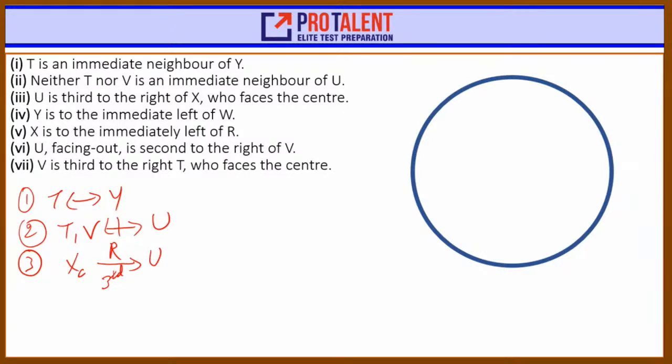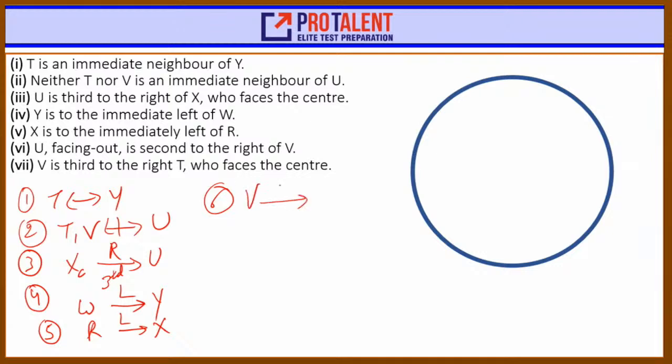Then the fourth point says that Y is to the immediate left of W, W, Y. Then X is to the immediate left of R. Then point number 6 says that U, facing outside, is second to the right of V. V, right, second position, U is there, and it is facing outside.